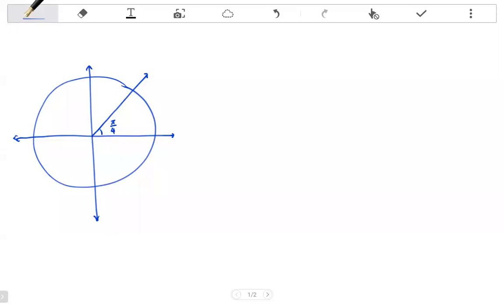Just right there. If we have a right triangle there, let's say I want to find the length of each side of the triangle. Well, we know that the hypotenuse is 1, since the radius is 1. But how can we find these sides?